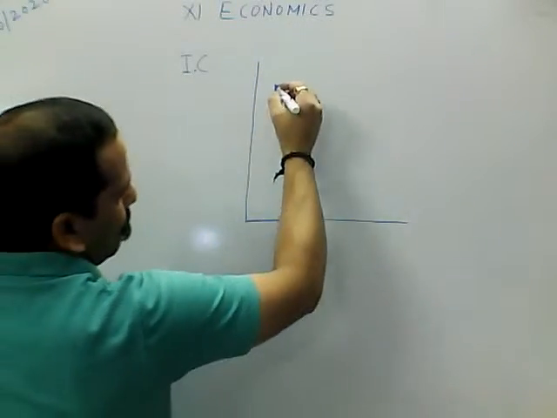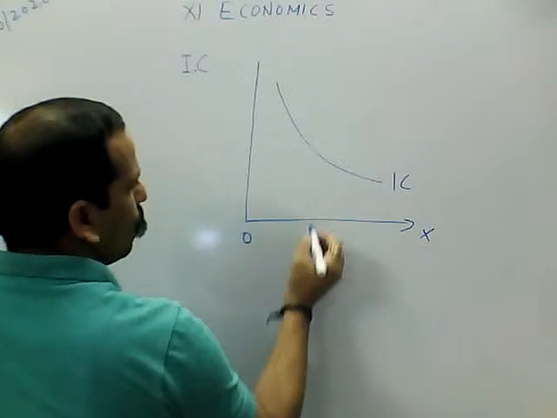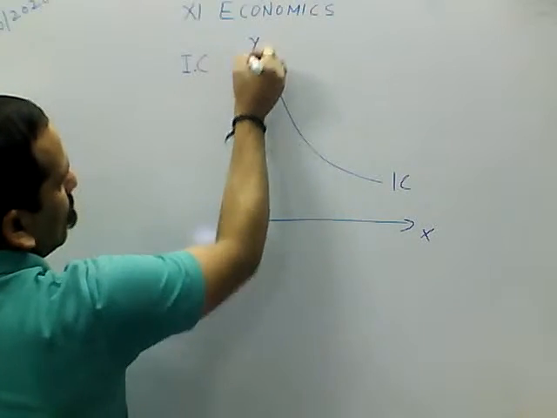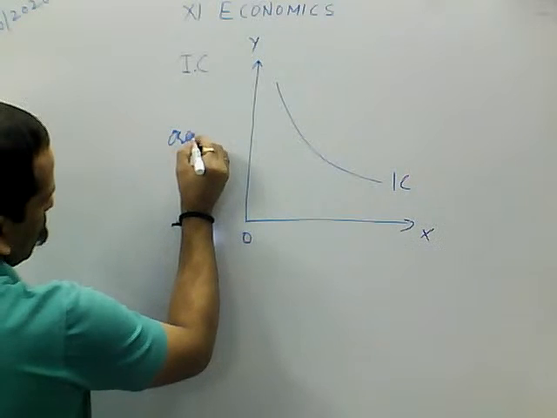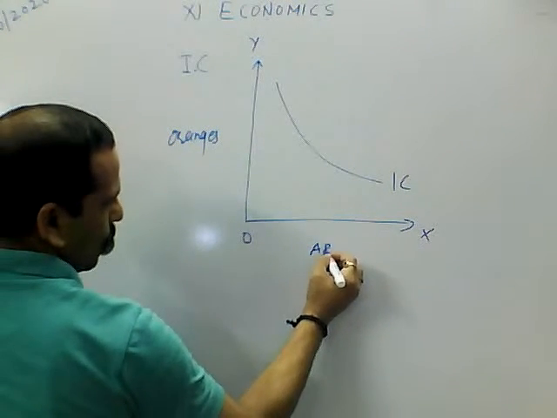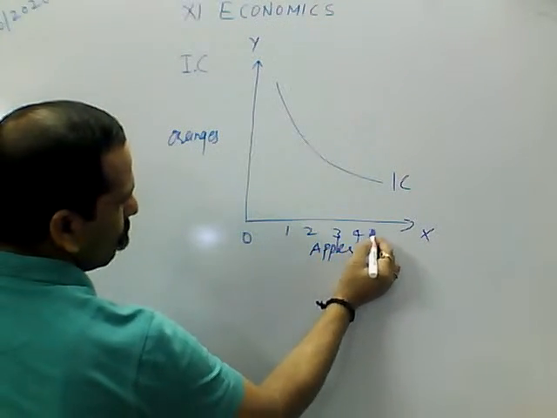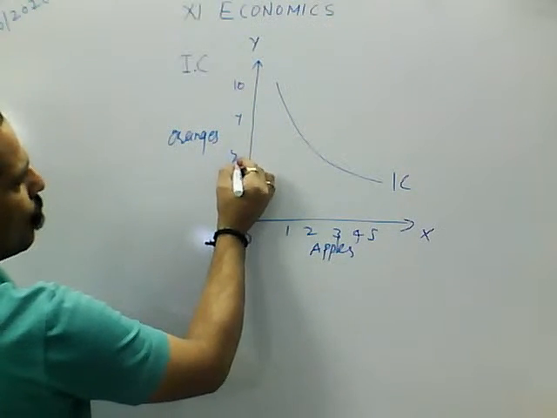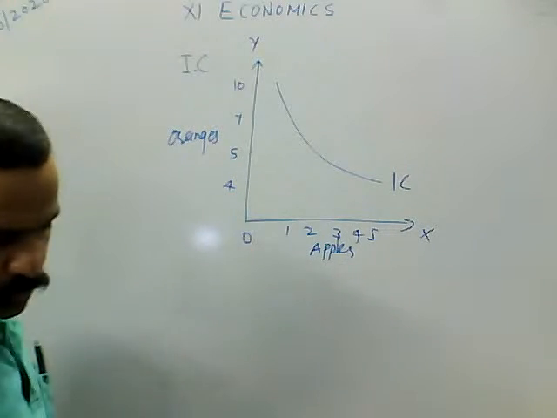Okay. Let us recap. Like this, I taught you yesterday that this is the shape of your indifference curve. So oranges, and here we were taking the apples 1, 2, 3, 4, 5, here 10, 7, 5, and 4.